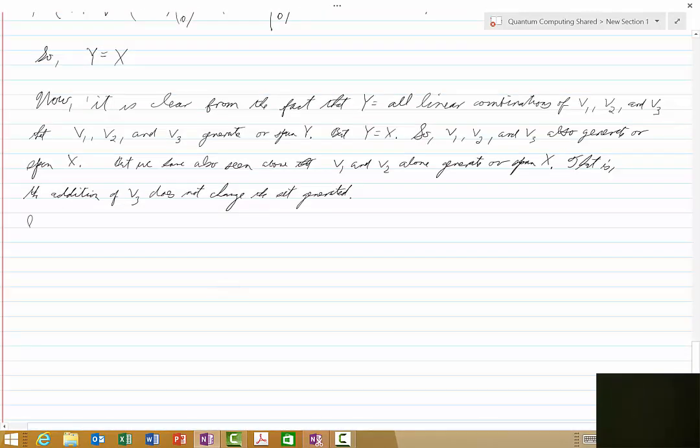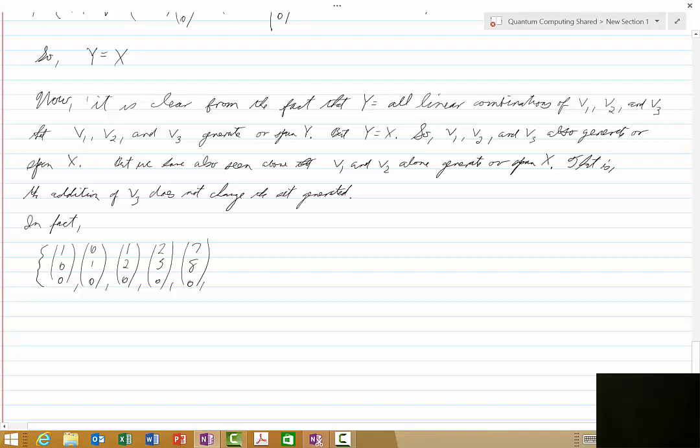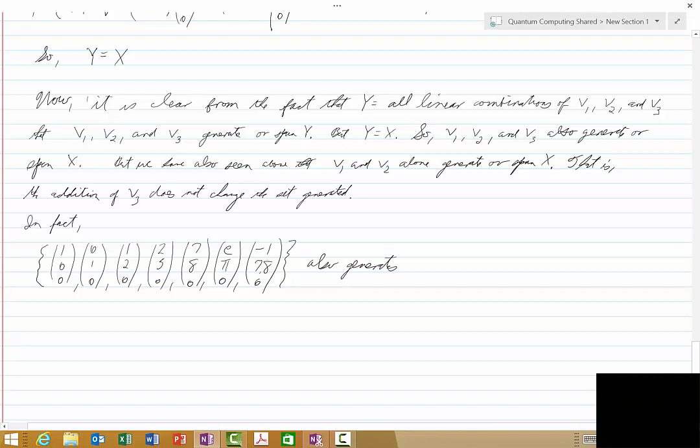In fact, now let's just look at this. 1 0 0, 0 1 0, 1 2 0, 2 5 0, 7 8 0, e pi 0, negative 1 7.8 0 also generates x.